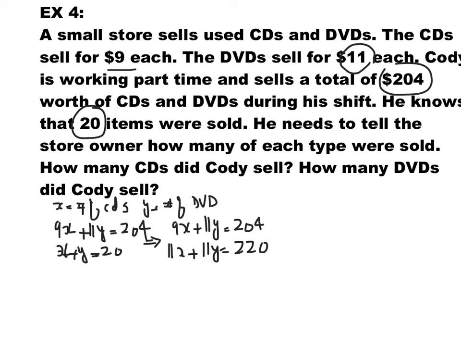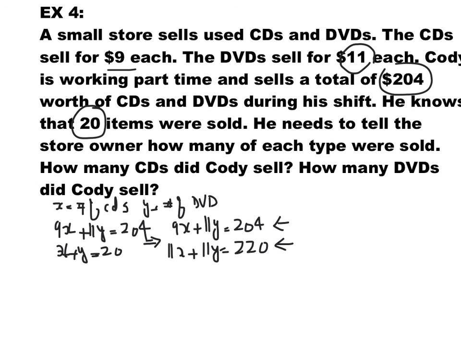Now, if you look at the Y, they have the same coefficient, so if I subtract the second equation from the first equation, or the first equation from the second equation, I can eliminate Y. For this purpose, I'm going to subtract this equation from this equation. And the reason I do that is because then I get a positive coefficient for X.